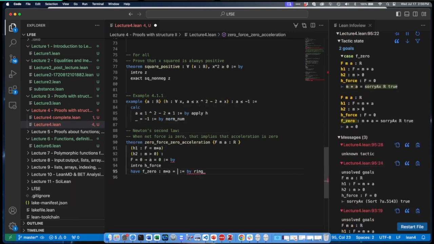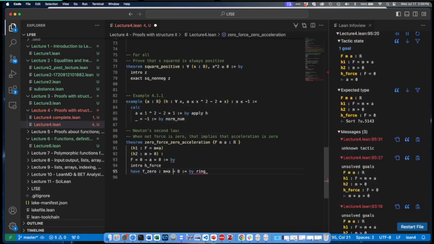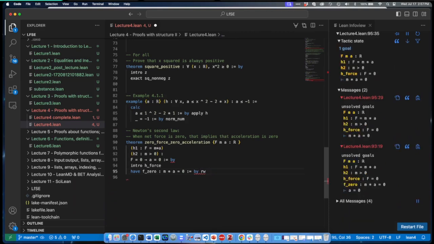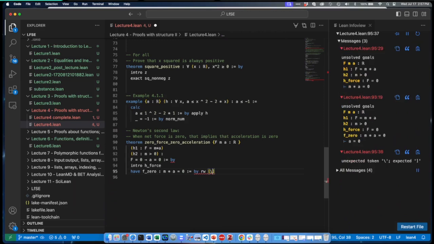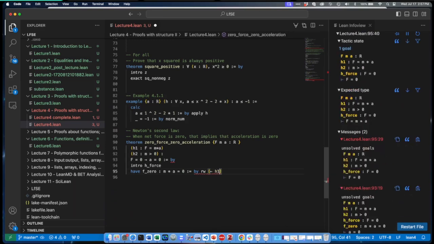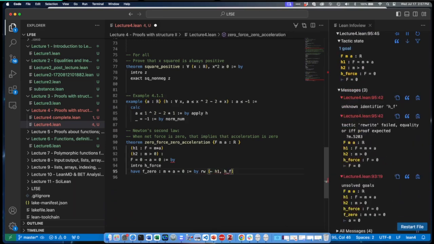I have a solution. I'm going to work from that one since we're running low on time. This one works by substitution, using left arrow H1 and H force.